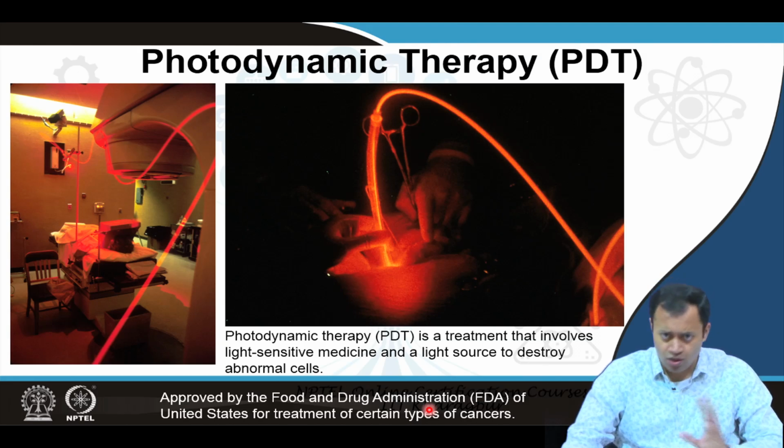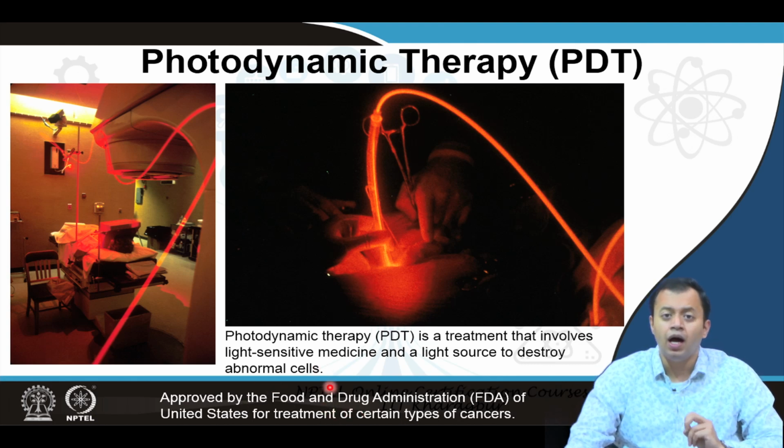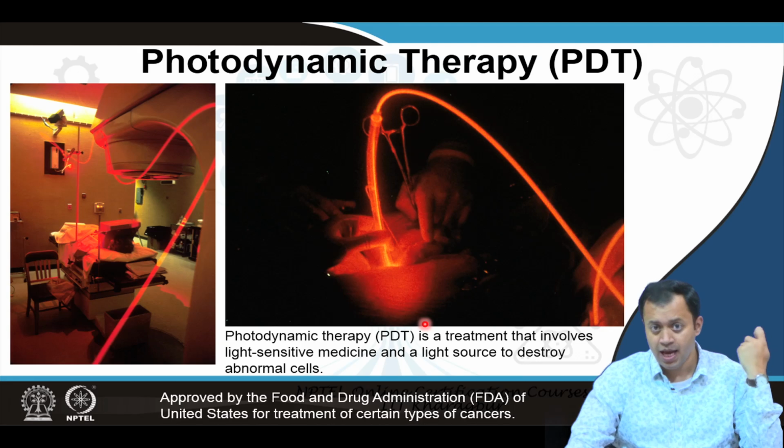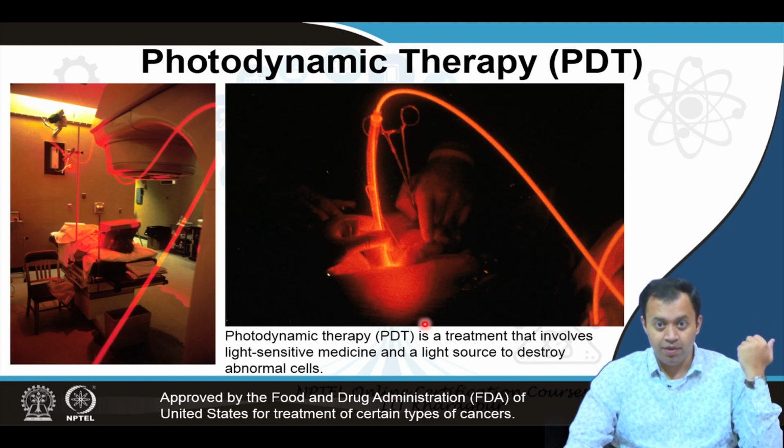Not always the case, there are exceptions, but the point that I am making is this is a bona fide approved therapy for treatment of cancers. You know about chemotherapy. I told you in the previous introductory classes that I will be taking up phototherapy, or light activated therapy, and this is the one.